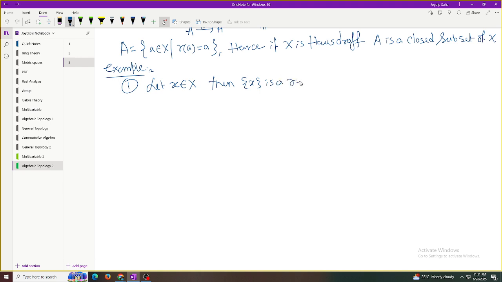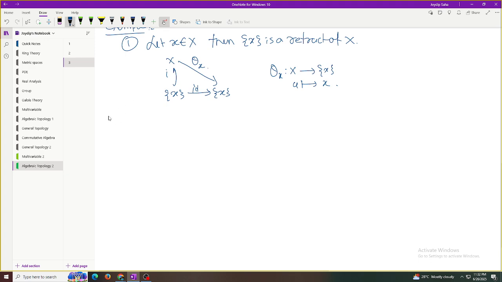This is a trivial example because there is a constant map. What is the retraction? Identity, inclusion. A goes to x. Okay.